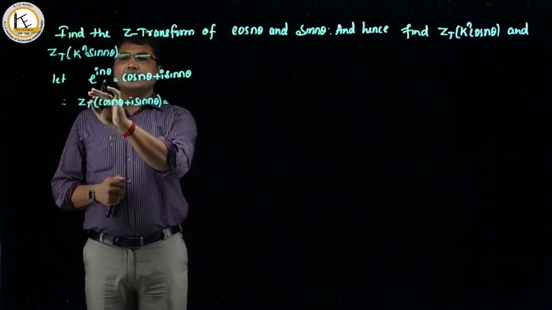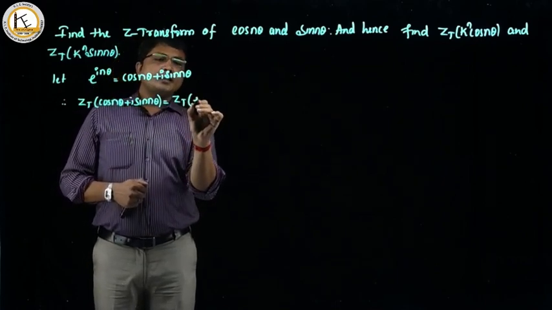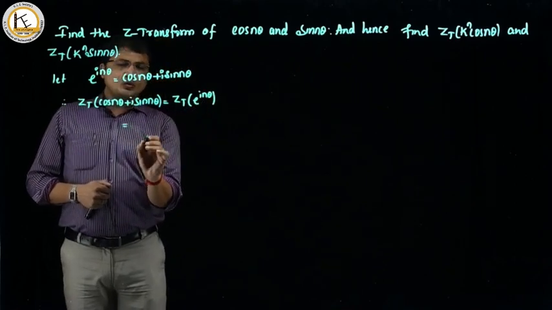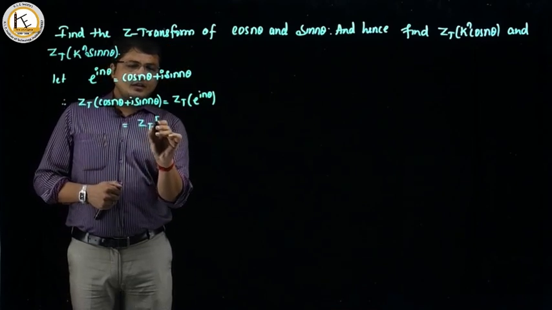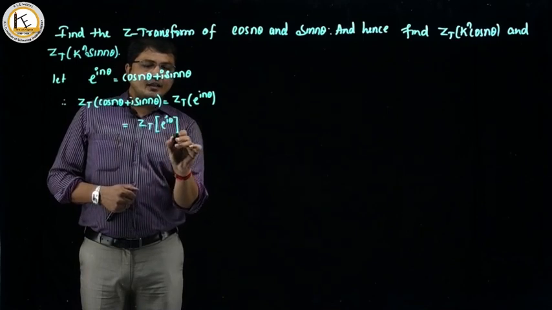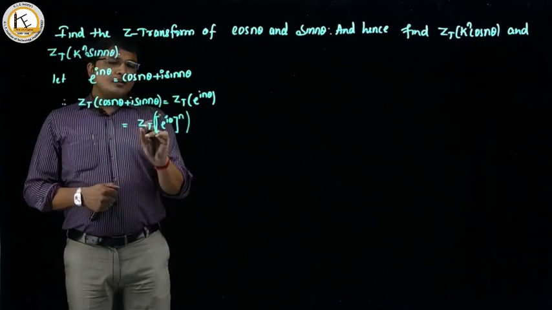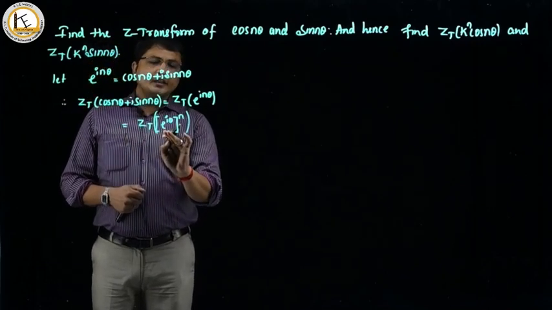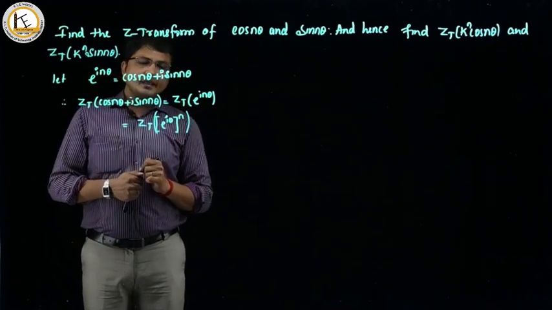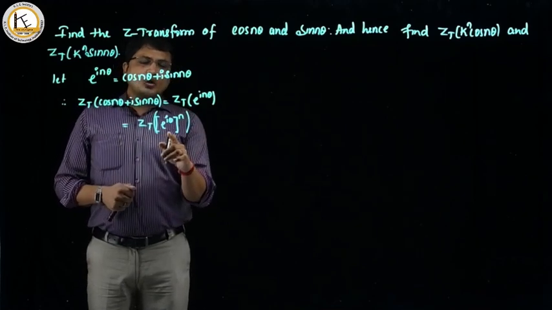So I am taking this e raised to i n theta at the right hand side. So Z transform of e raised to i n theta is equal to Z transform of, I will write this e raised to i n theta as e raised to i theta, whole raised to n. Now we need to find the Z transform of e raised to i theta raised to n. Obviously we know that in a Z transform n will be the variable and theta will be considered as a constant.